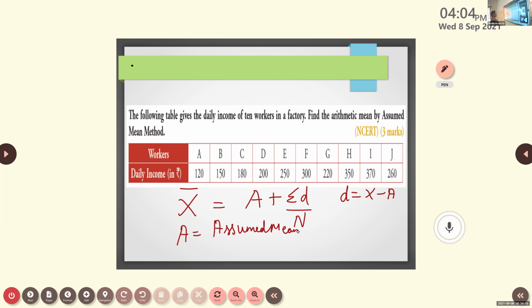N is number of observations. After getting D for each observation, after taking deviation for each observation, total that.